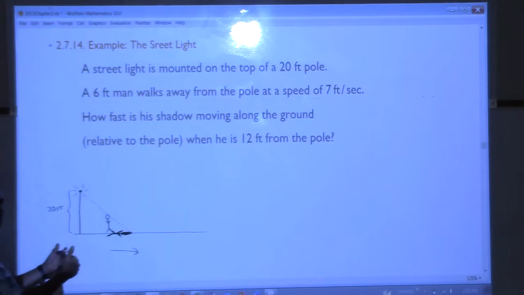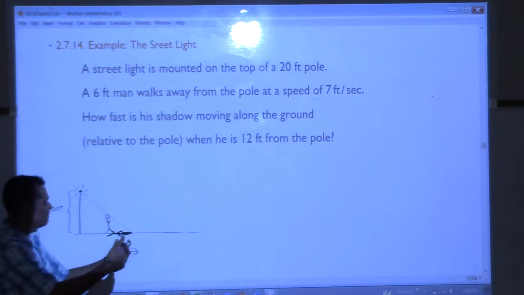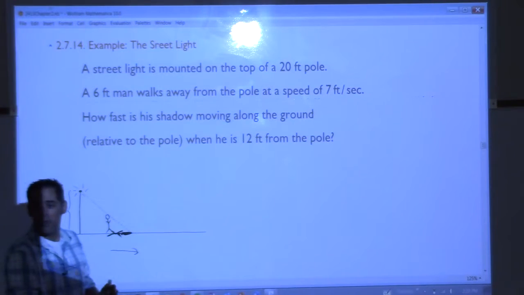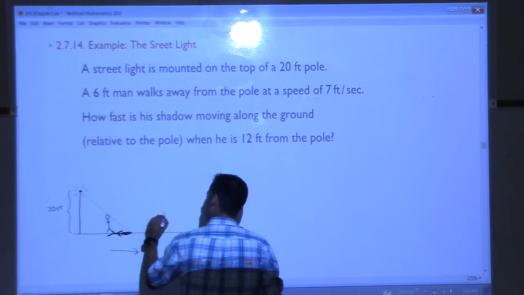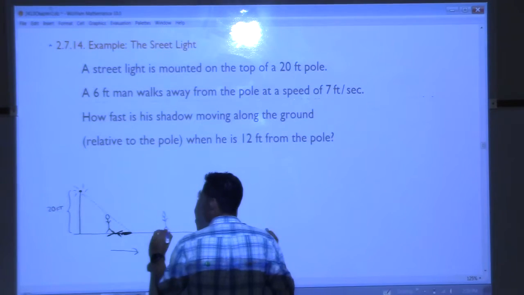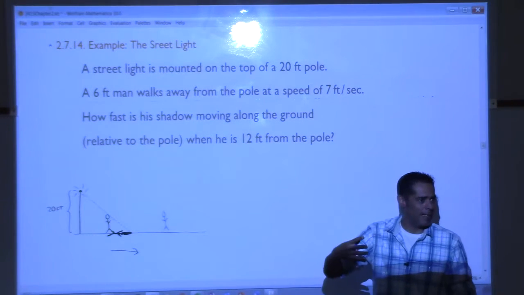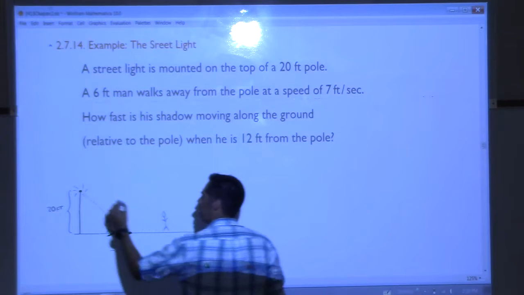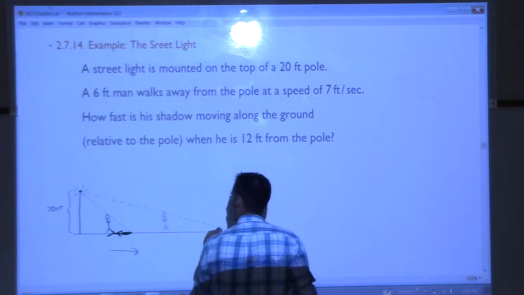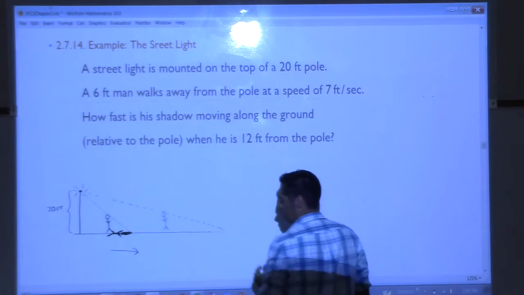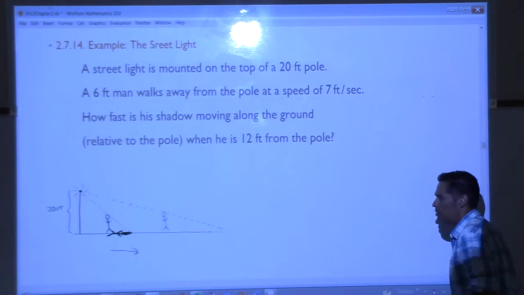So as he moves, what happens to his shadow? Let's draw him a little further down the way. All I'm doing right now is brainstorming. I'm just trying to figure out what's happening, and then I'll try and figure out if I can answer the question. Now his shadow has grown, hasn't it?